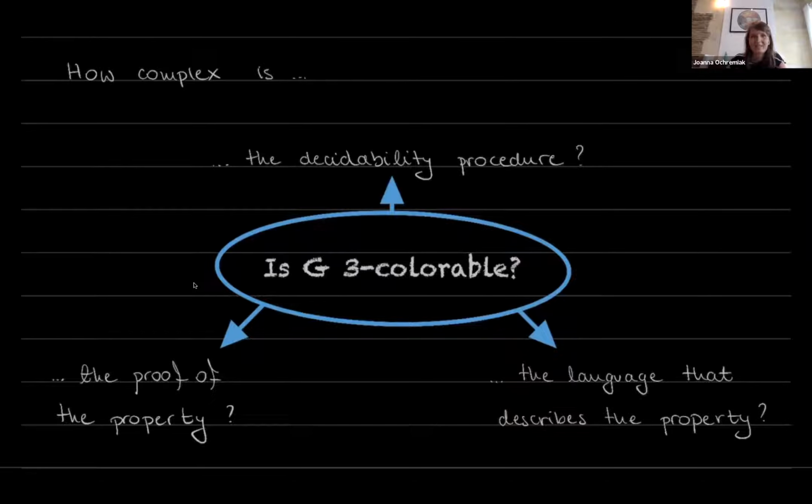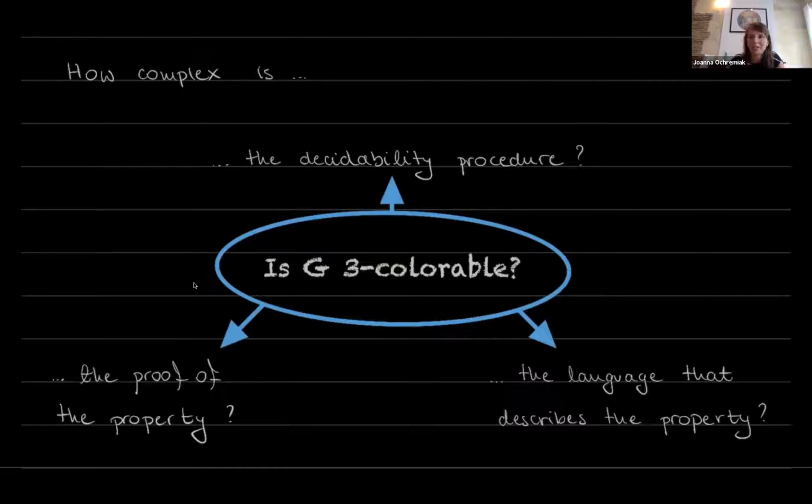Then, since this is a logic workshop, you are probably also familiar with the question: how complex is the language that describes this property? By a language, I mean a logic.